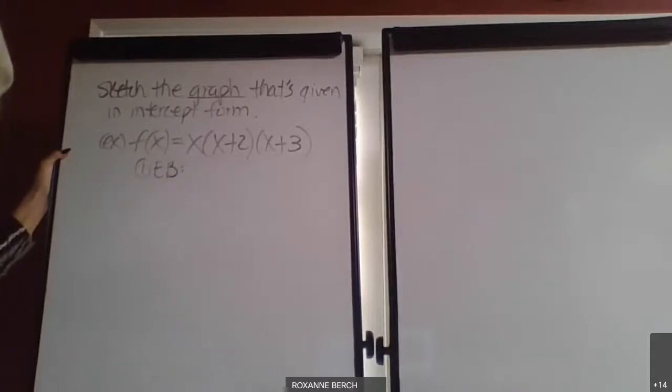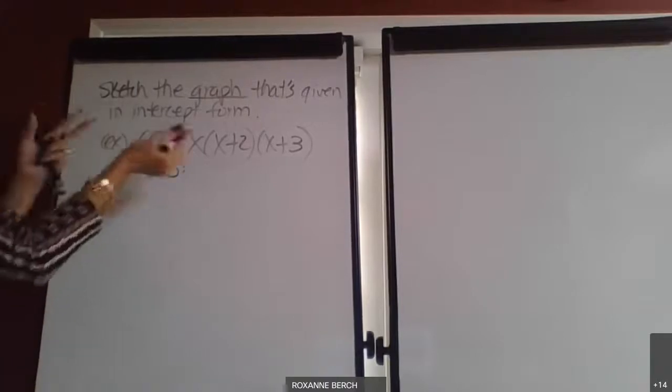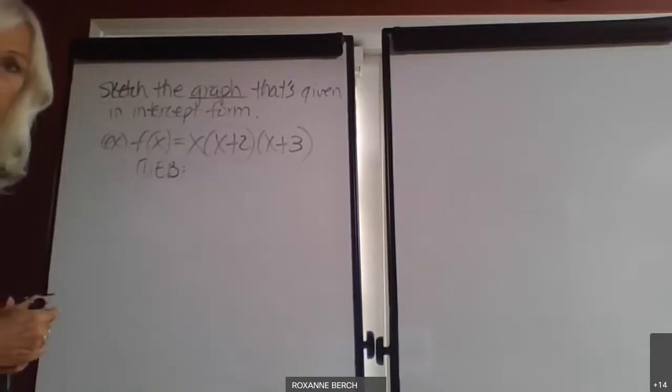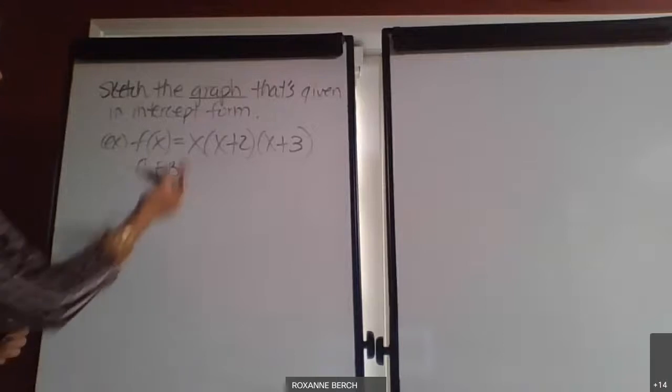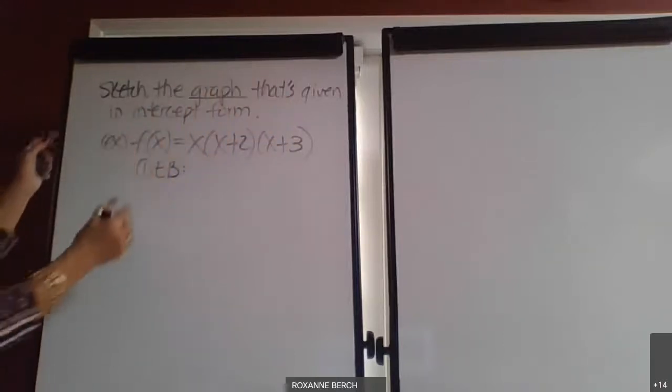So what is this thing? Is this a quadratic, a cubic, a quartic, a quintic, a 6th-degree polynomial? What is it? So you want to look at it and tell what this is. If you multiplied all that out, what would you have?